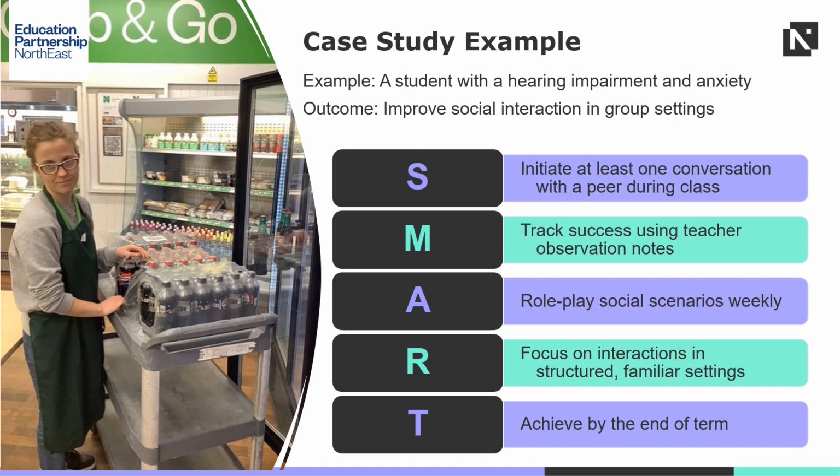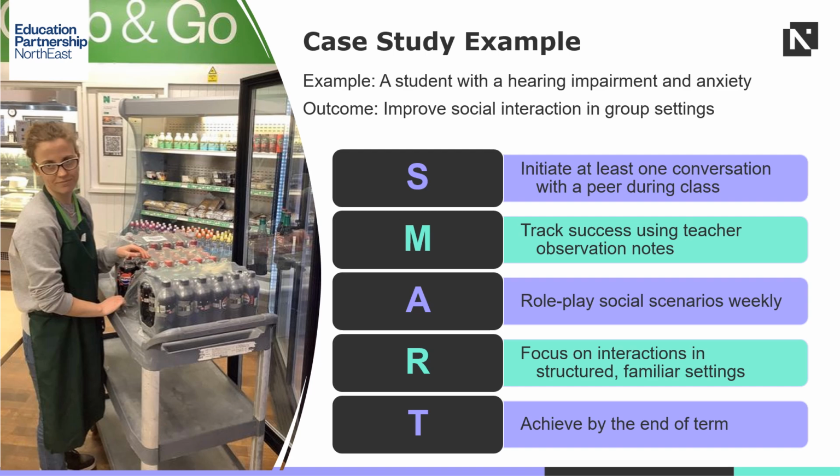That moves on nicely to it being relevant. The focus was on interactions in structured, familiar settings. As I said previously, it was a classroom setting, then it moved into the cafe area, which this learner was familiar with, because that's where she'd been going to eat. But now that she was doing work experience there, it was helping build that confidence and the setting was becoming more familiar to her.